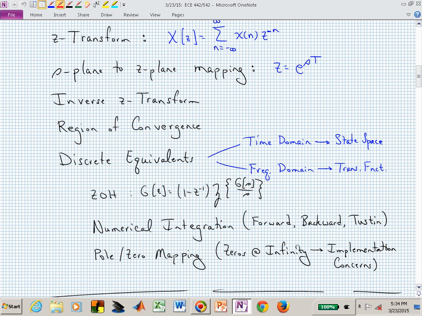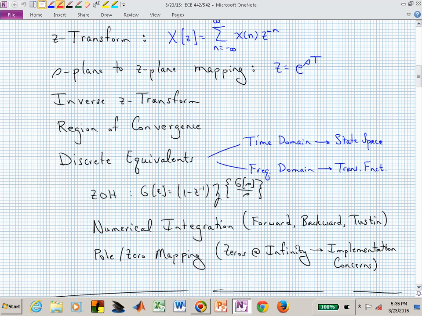And when we were talking about the pole zero mapping, we actually started thinking a little bit more about this concept of zeros at infinity and what that meant relative to implementation concerns. Meaning if we needed some fixed delay between when we can inject the control signal into our system and when we can compute it, we might want to force so many zeros at infinity.